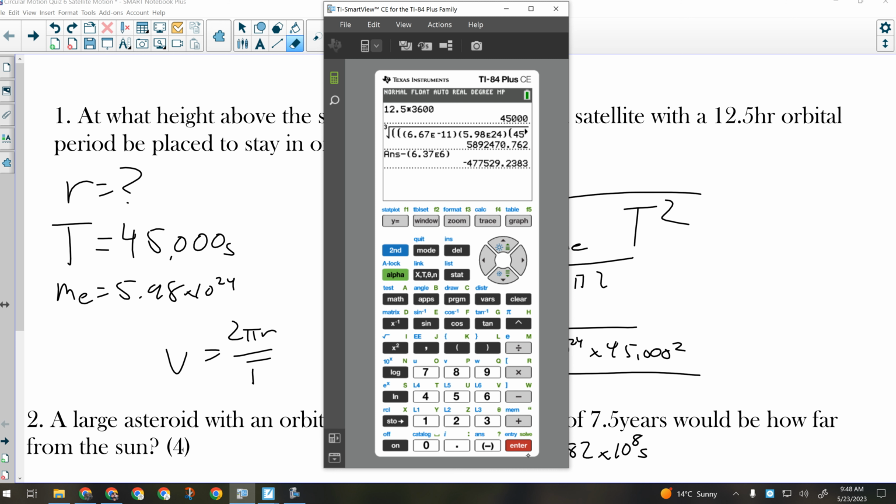Did I mess something up there? Gotta have a look at that again. I obviously messed something up. Oh, 45,000. I missed a 0. Okay, there we go. That's an easy fix.